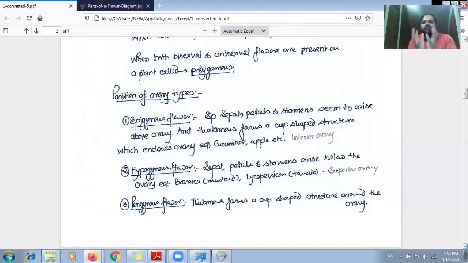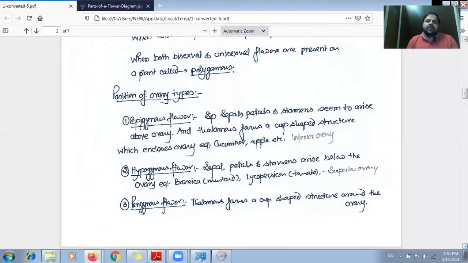The thalamus will form the cup-like structure, and inside the cup, the ovary will be there. And at the terminal end of the thalamus, sepal, petal, and stamen will be placed. Now, since the ovary is placed below the sepal, petal, and stamen, so here the ovary will be inferior.